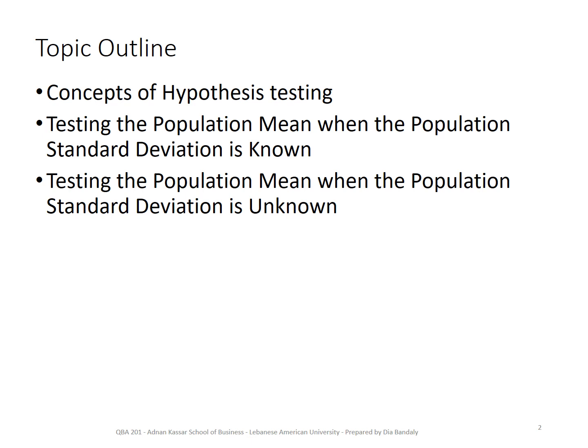And finally, we're going to finish our topic with the cases when we don't know the population standard deviation. Okay, and we're going to use then the sampled standard deviation instead. All right, so let's get started.